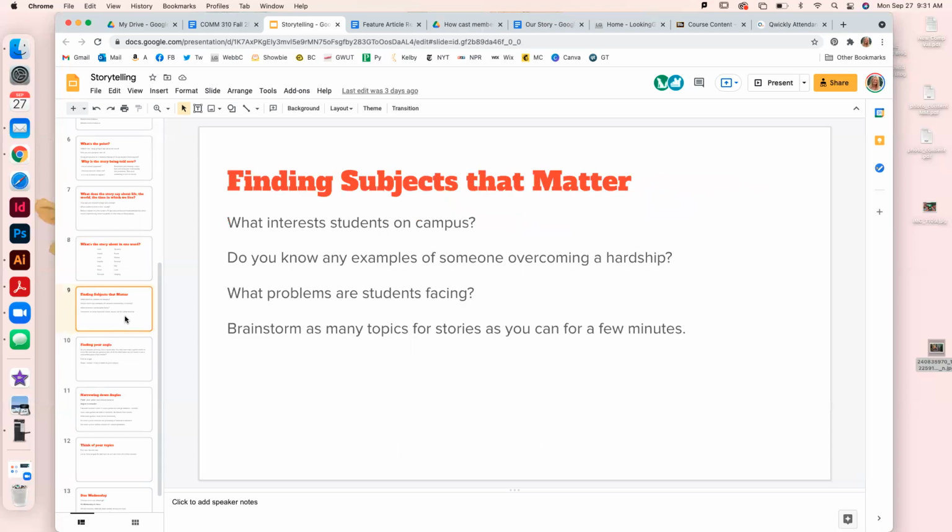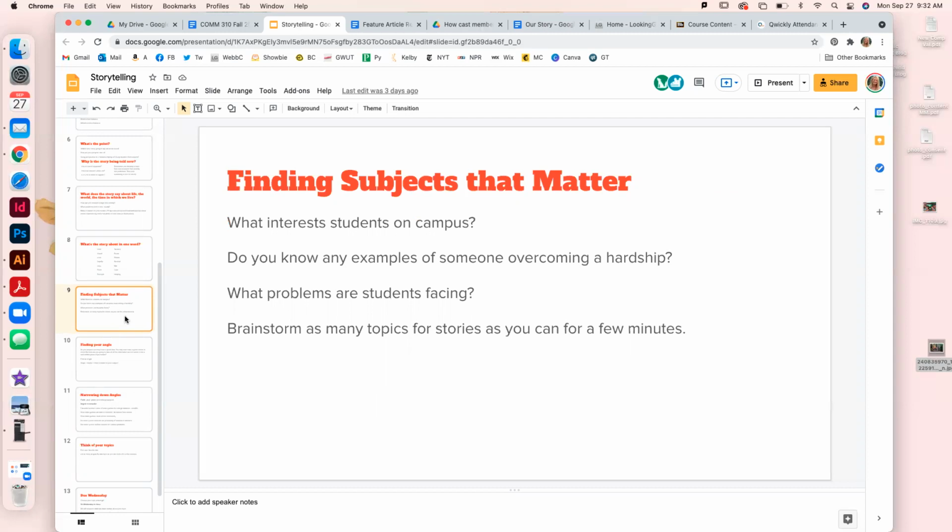So, finding subjects that matter. Think about what interests students on campus. Do you know anyone who has overcome a hardship recently? It's easy to think about maybe an athlete who has an injury. I know a student right now who is a cheerleader and damaged her Achilles tendon really bad.